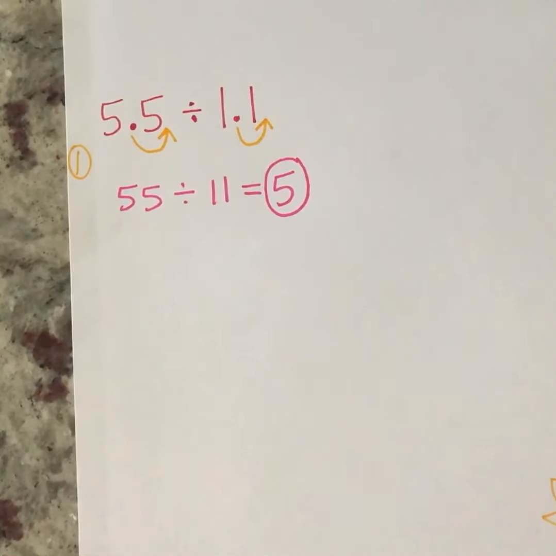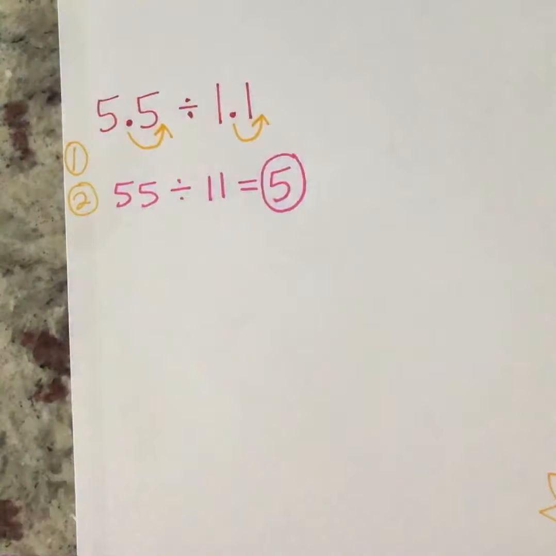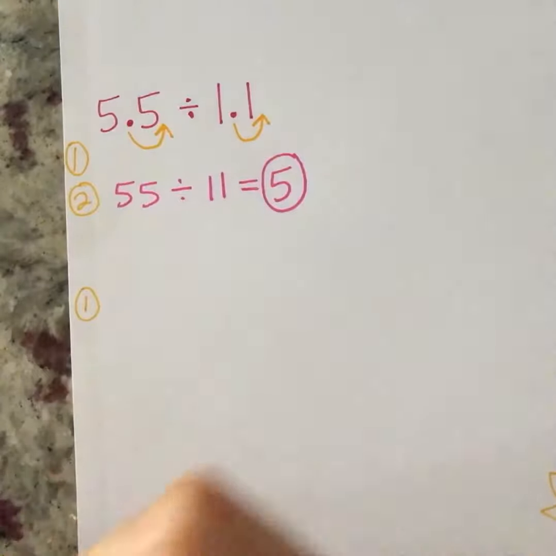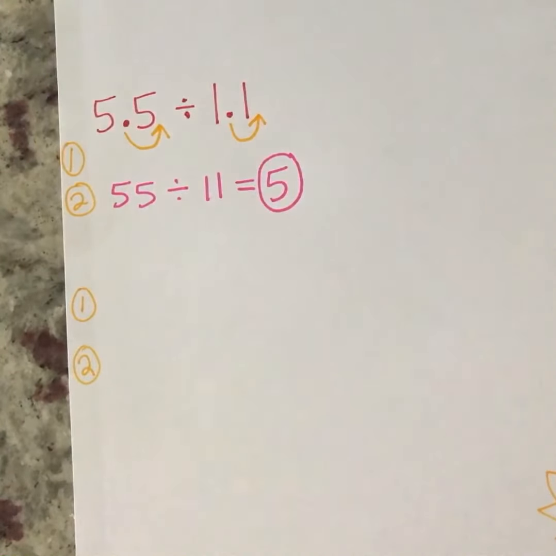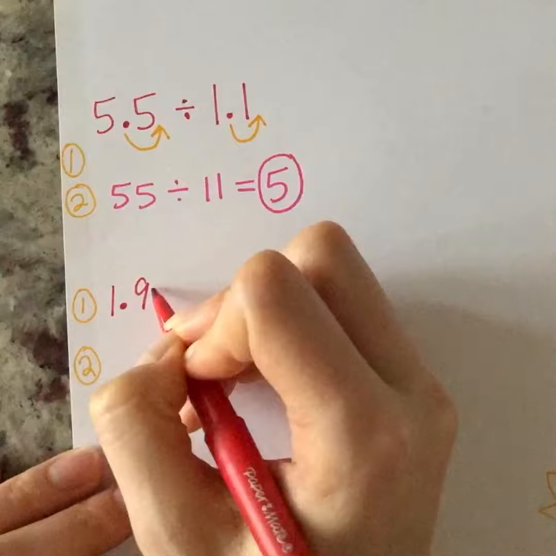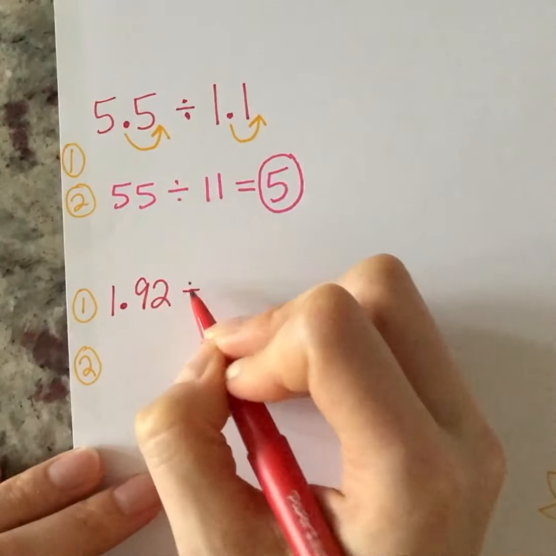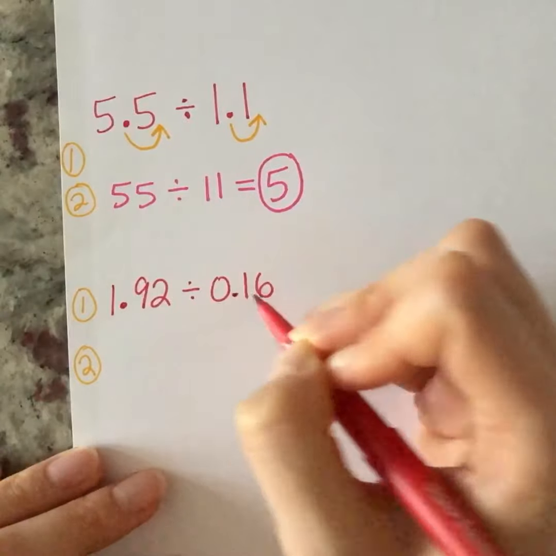Now, this was our second step. We'll do this again for another number. So I have the number 1 and 92 hundredths divided by 16 hundredths.